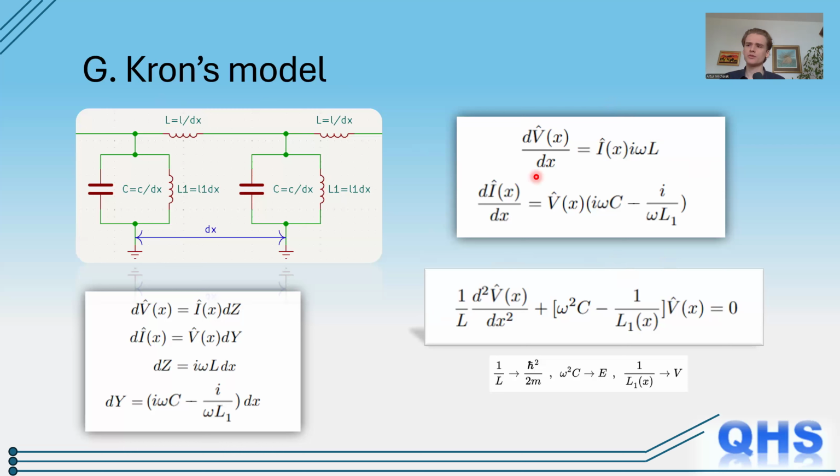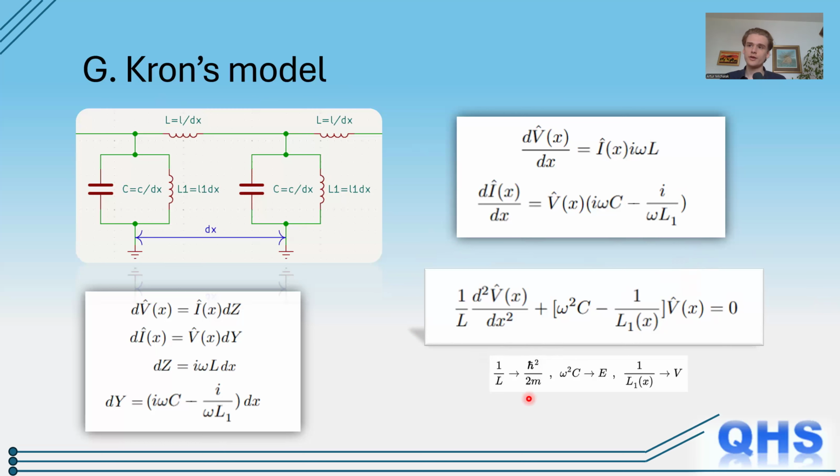This system is important as two of the three numerical methods are based on it. Combining the two equations further, we can derive an equation that shows the system simulates the Schrödinger equation, as you can see. We just need to substitute certain terms to get its one-dimensional form.